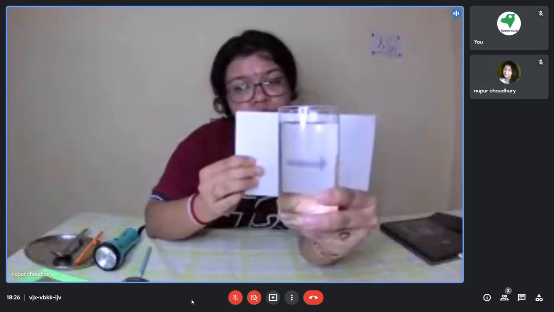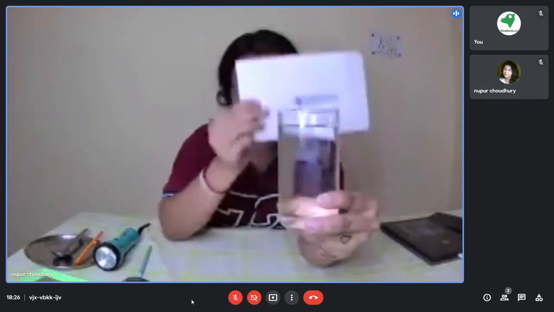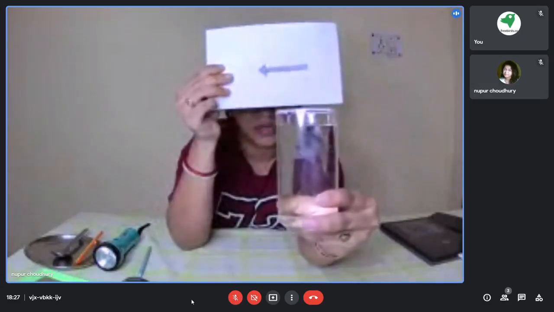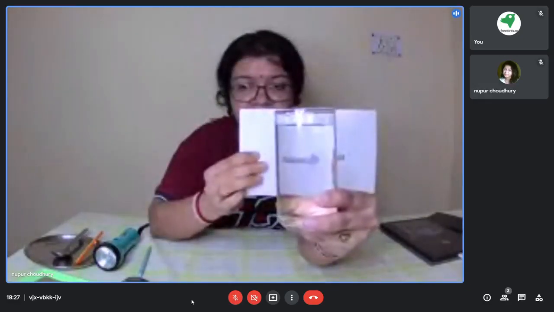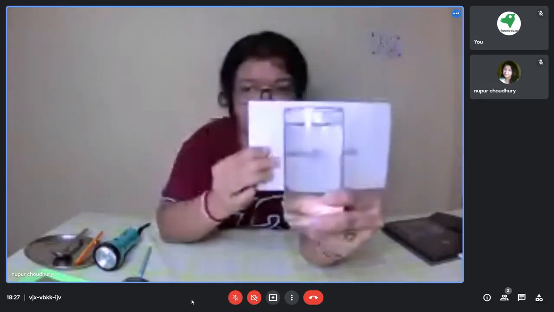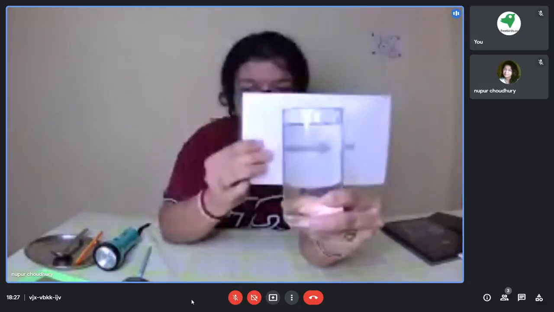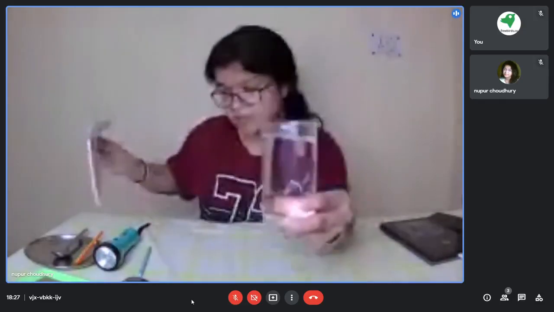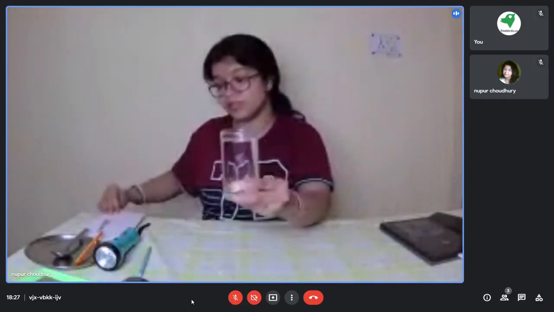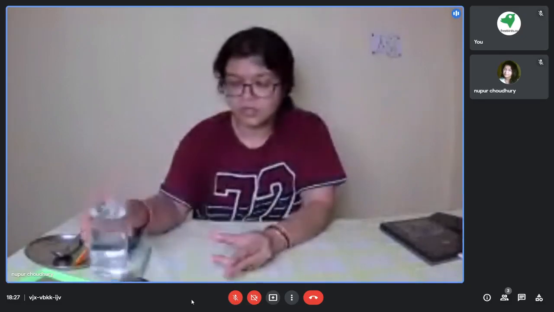So we are involving two different mediums, and since this arrow is reflecting light which gets refracted into the medium, the direction of the arrow changes. This is another interesting phenomenon which you can observe.